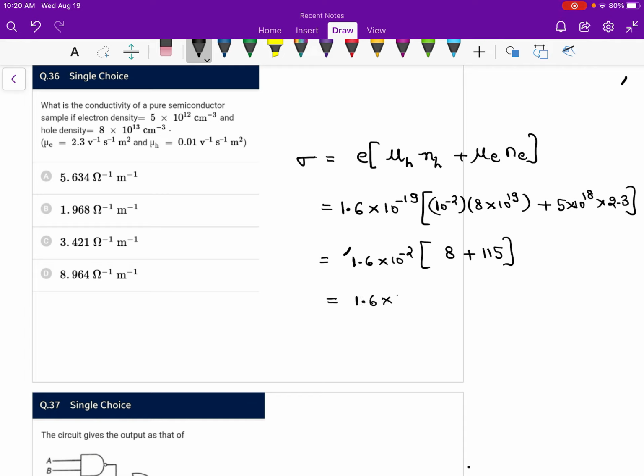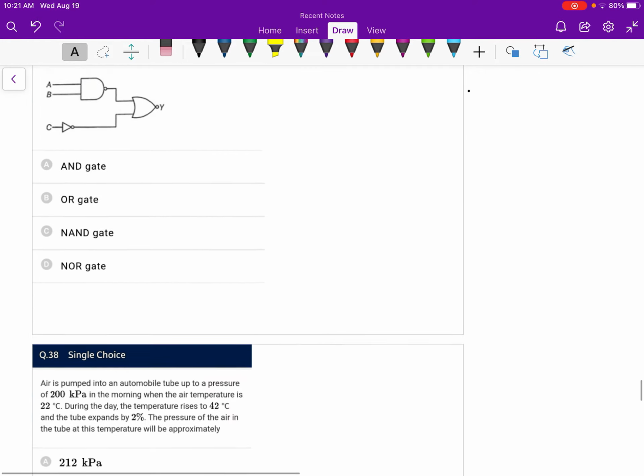So 1.6 into 123 into 10 to the power minus 2. So 16 3s are 48, 8, 4, 16 2s are 32, 4, 36, 6, 3, 16 1s are 16, 3, 19. So this is 1.968 in SI units. So B is the correct option.